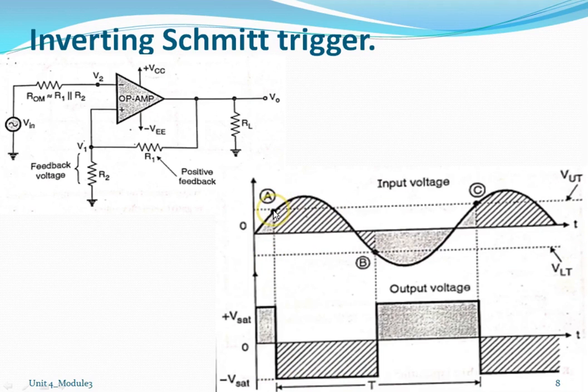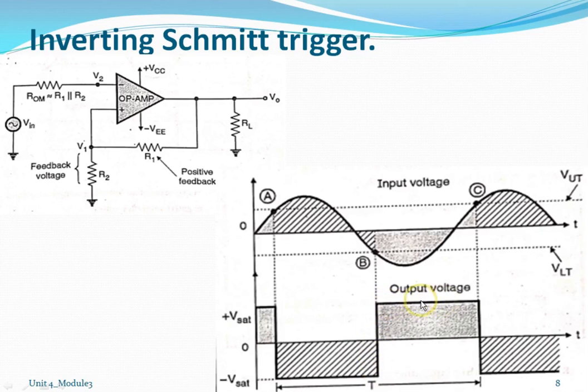So after point A, the reference voltage for this inverting Schmitt trigger is VLT, and at point B, when the input voltage crosses the VLT reference voltage, the output changes from the negative V side to the positive V side.